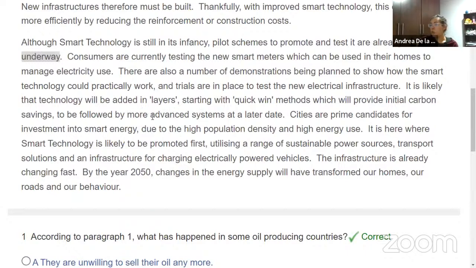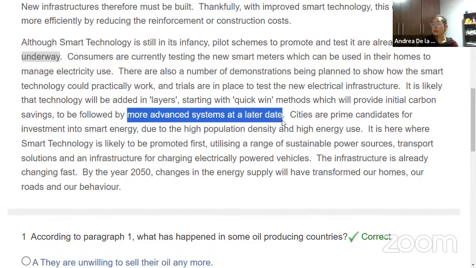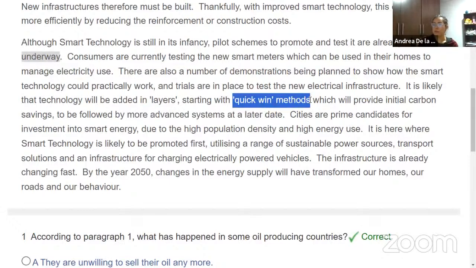But nothing says that those more advanced systems bring more benefits, right? Or there's at least not enough information to prove that those more advanced systems will bring more benefits than the first ones. I mean, it may be, but there's not enough information to prove that.